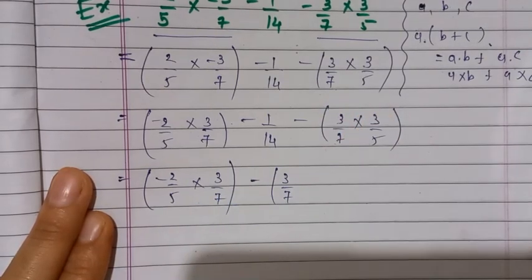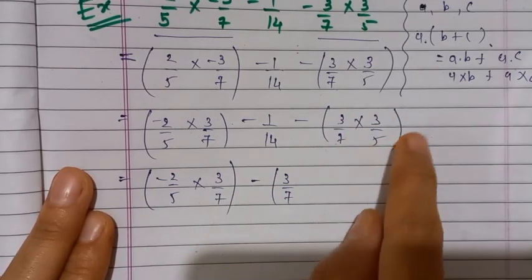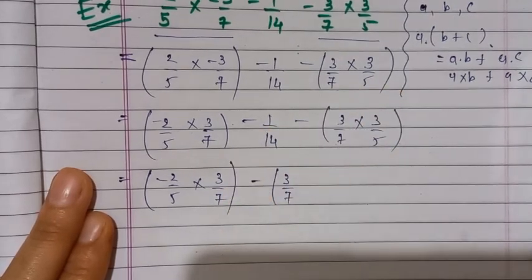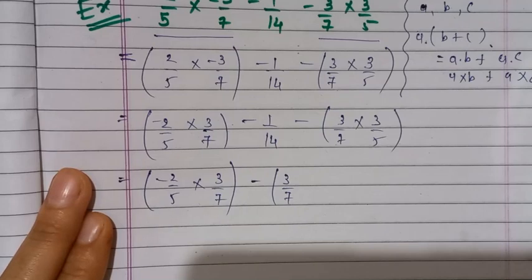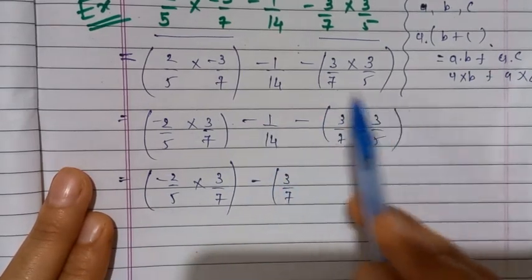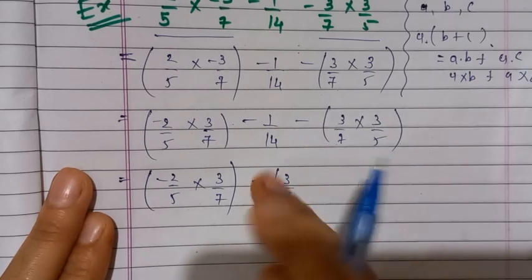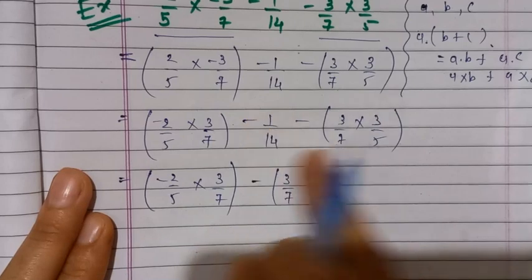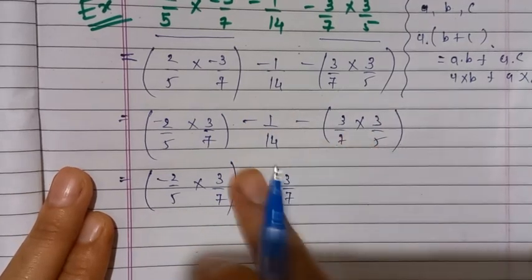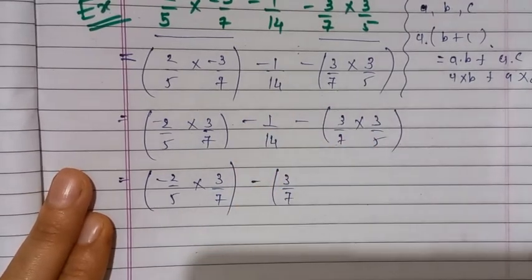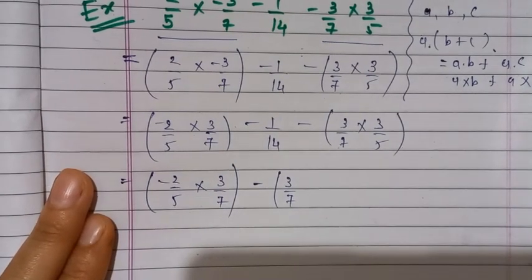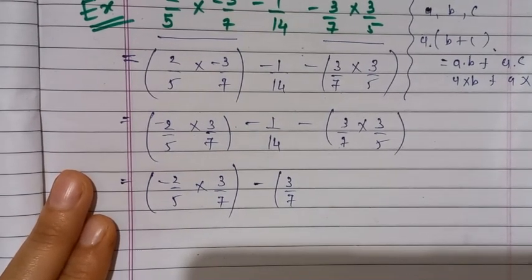But if we change the order, writing this first and then that, the answer will not change, because these two rational numbers are in addition. Here these two are negative numbers, so if we change the order, the answer will not change, because we are adding two rational numbers with negative signs.